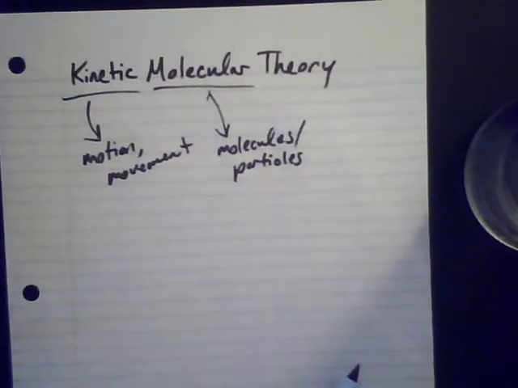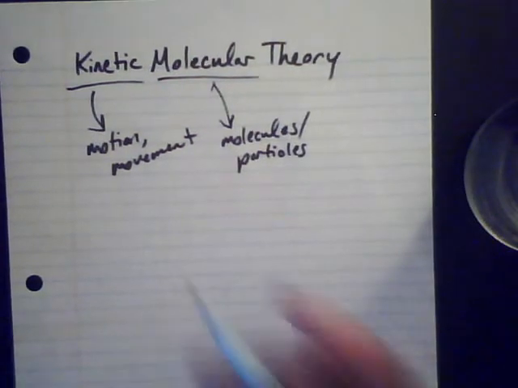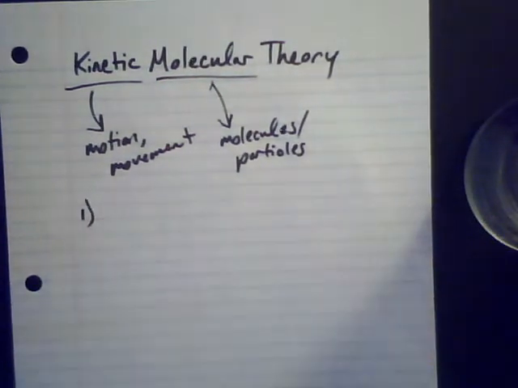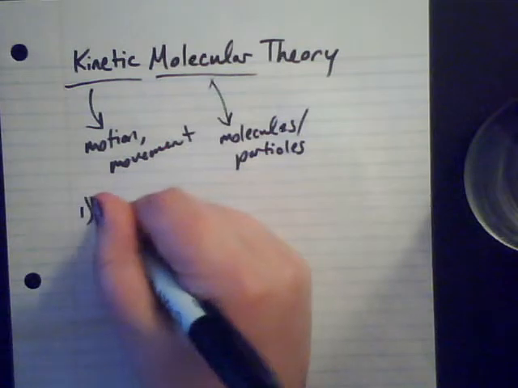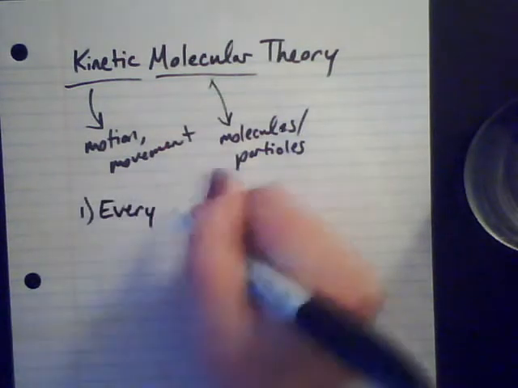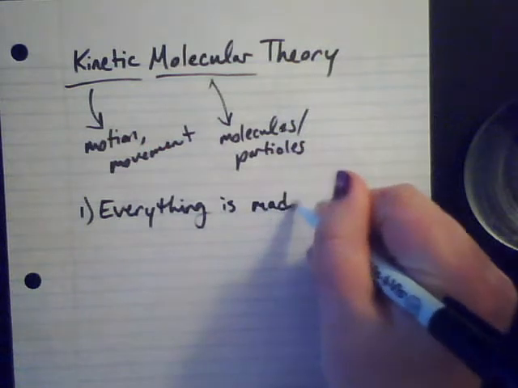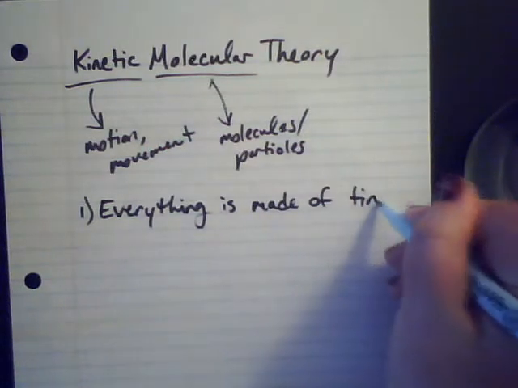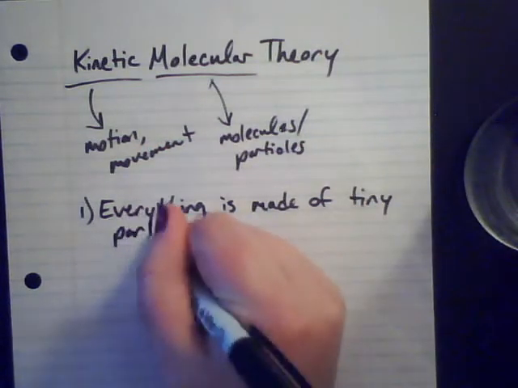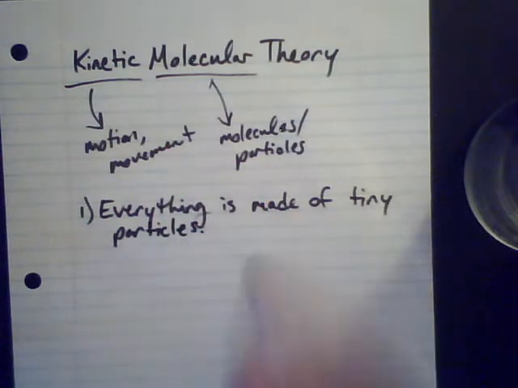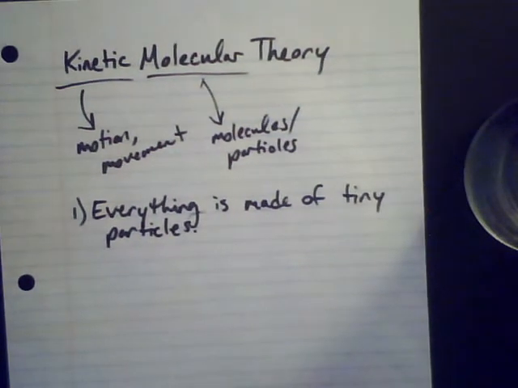So the original idea behind kinetic molecular theory is that everything is made up of tiny particles. Now, kinetic molecular theory came along before we had any concept of the atom.